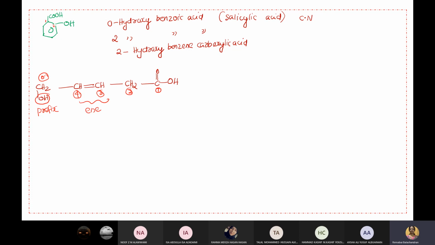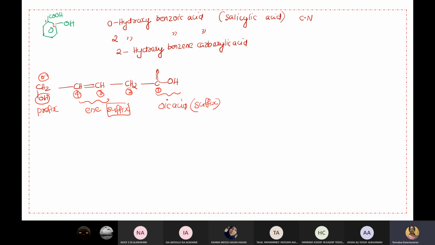Suffix, yes. COOH, oic acid, suffix or prefix? Suffix, because it has maximum preference, right? Yes, Aisha, try. First prefix, then parent, then suffix.